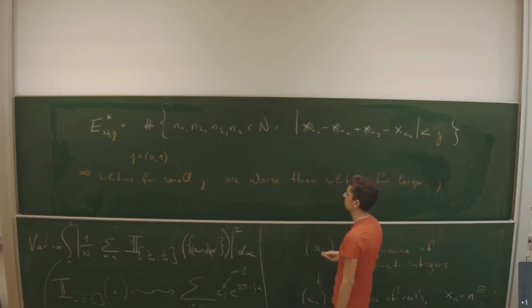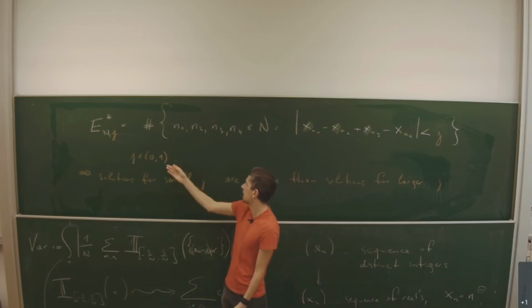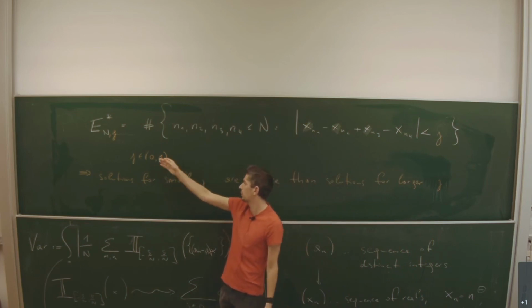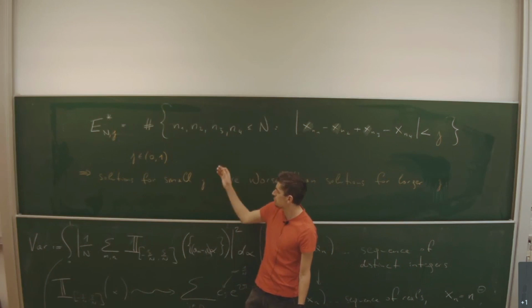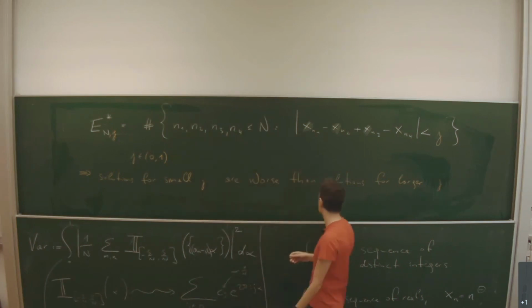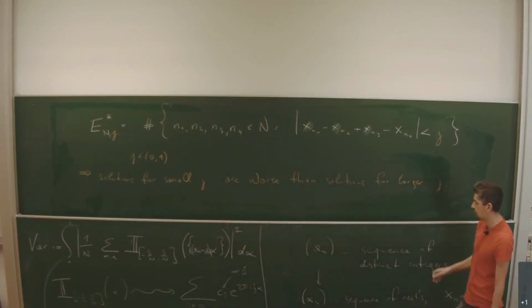So what means small, what means large? Small means, say, gamma equal 1 over n or 1 over square root of n. Such a solution is worse analytically than a solution for, say, gamma 1/2 or 1/4.